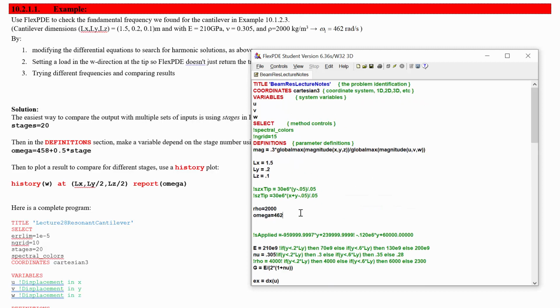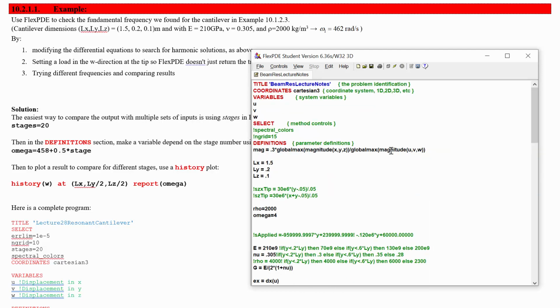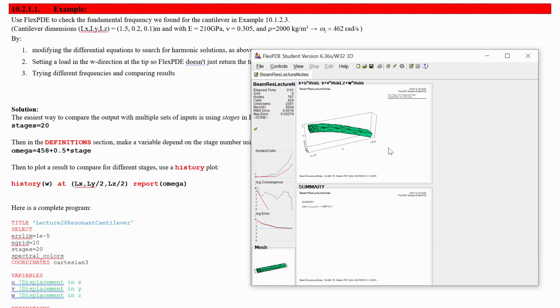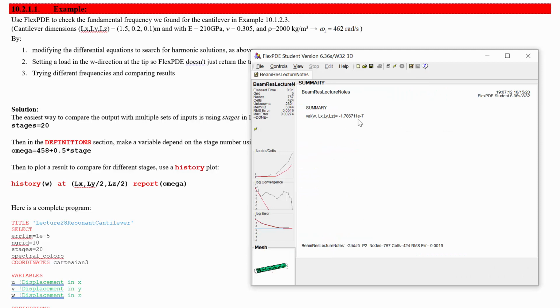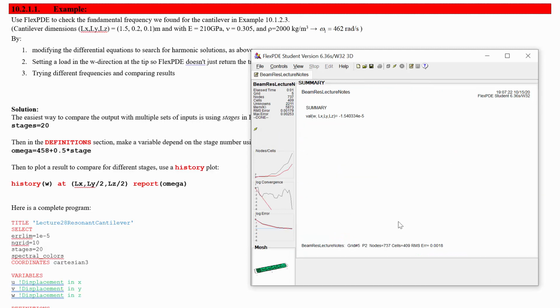What happens if we put omega equal to just 4? Because we're auto-scaling this solution right now with our magnitude function, it's always going to look like a large amount of displacement. But if you look at the actual displacement that's happening, it's 10 to the negative 7. What about at 462? Well, now it's 1.5e-5.